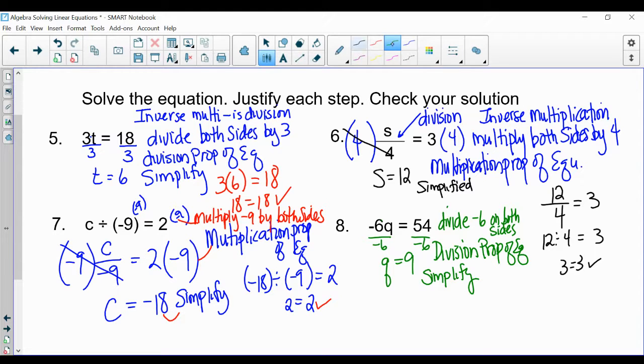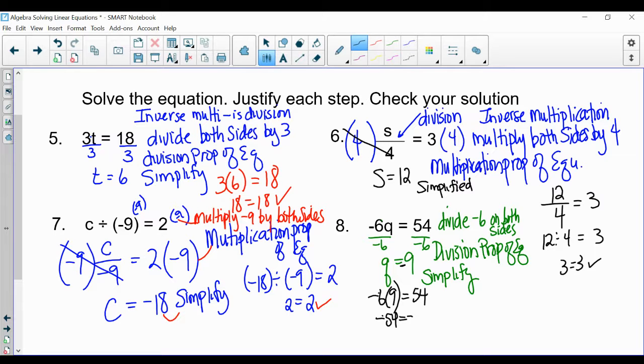Now I just need to check it again. I'm going to take my 9 and substitute it back in. -6 times 9 is equal to -54, but this is a -9. See how important it is to check?